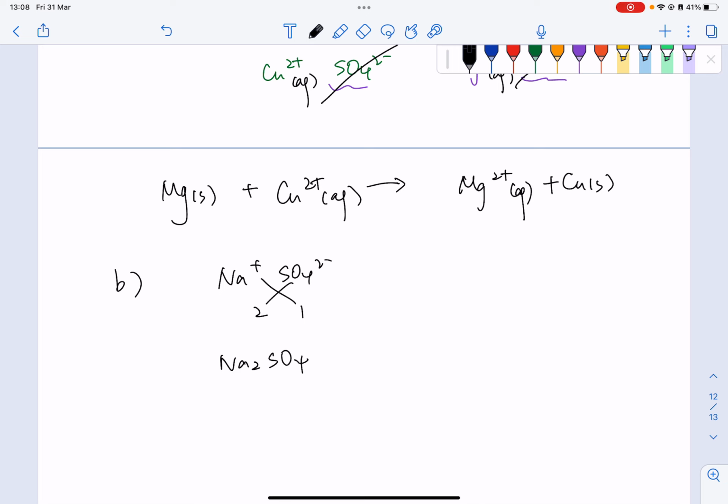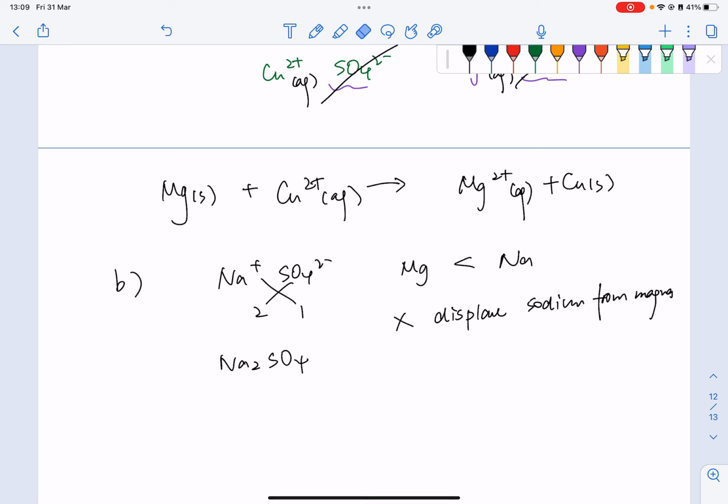It should be less. So firstly, magnesium reactivity is less than sodium, and thus this one cannot displace sodium from magnesium.